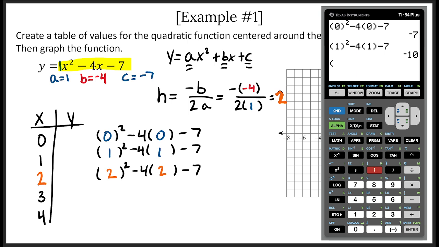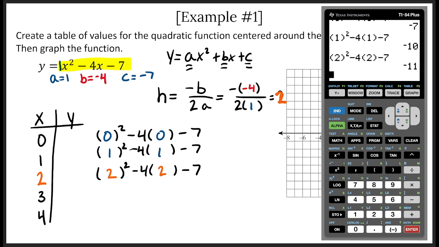And the third answer, 2 squared. This is the worst part. Minus 7. So I got negative 7, negative 10, negative 11. Whew. Let's put all these in here. Negative 7, negative 10, negative 11. And if I use the symmetry part of quadratic functions, then I can reflect those. Negative 10, negative 7. All right.